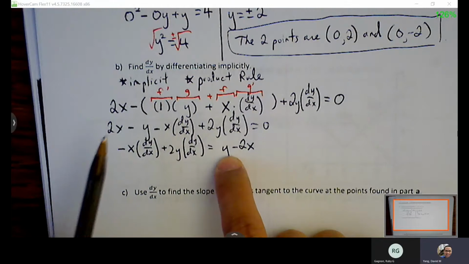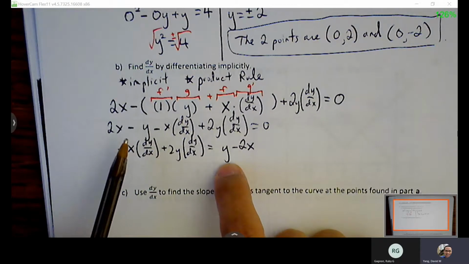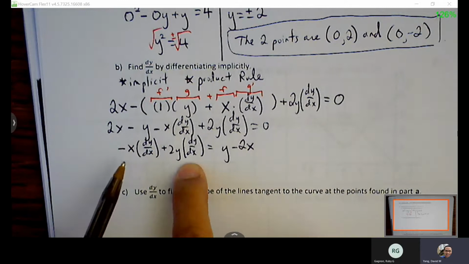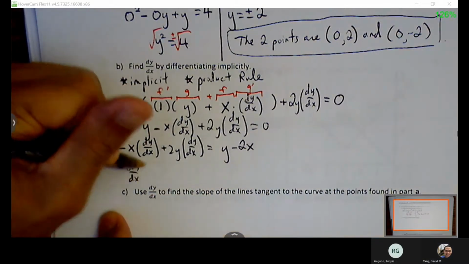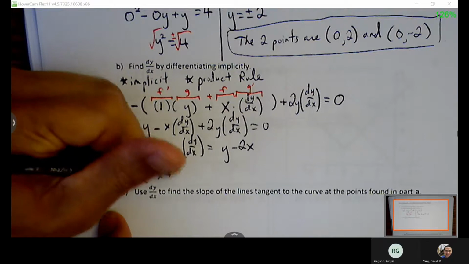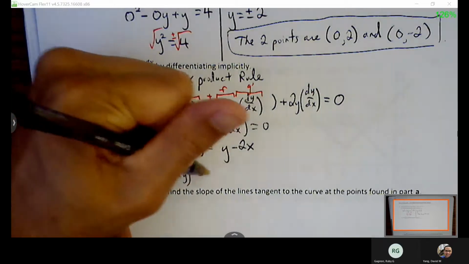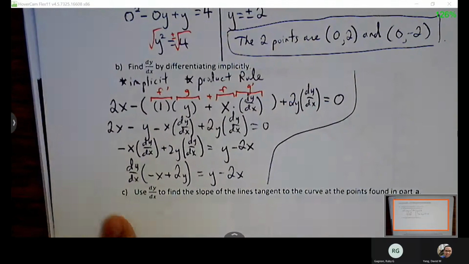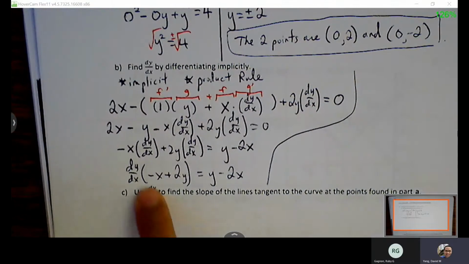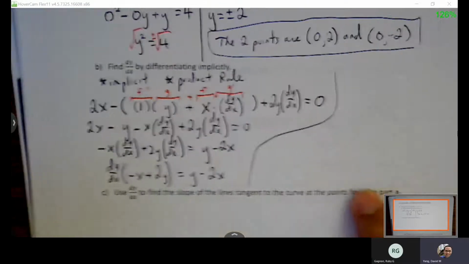The order doesn't matter. You can say negative 2x plus y. Okay. Factor out the dy dx. And then finally, divide the parentheses over.